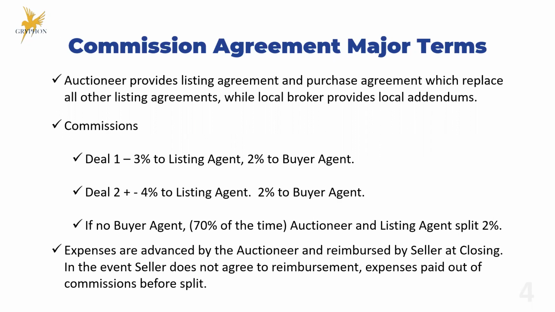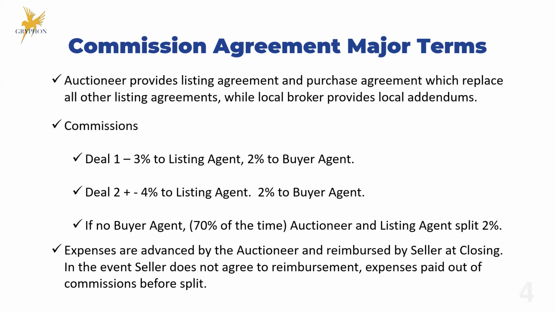And historically, and we're talking 20, 25 years of sales, 70% of the time we are going to contract without a buyer agent involved. I don't know exactly why, but historically, buyer agents are not participating in the auction sale, regardless of what the buyer agent compensation is.